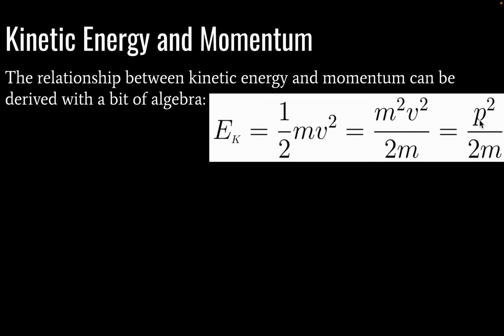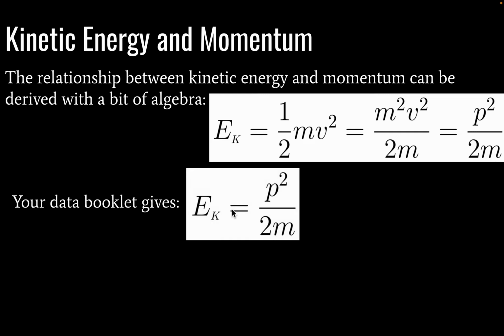And this, of course, is momentum squared divided by 2m. So kinetic energy is equal to momentum squared divided by 2m, and that's in your data booklet. So this is a handy shortcut. You will see a number of circumstances where it can be useful.